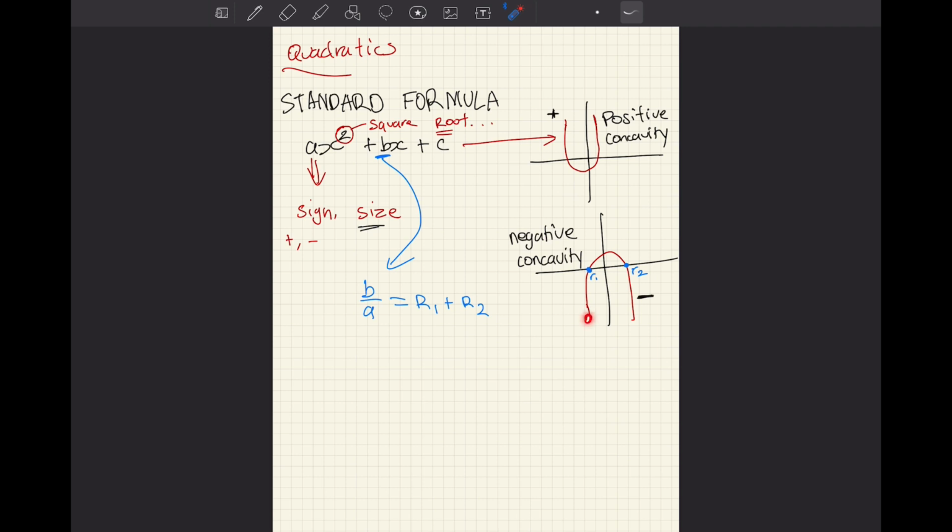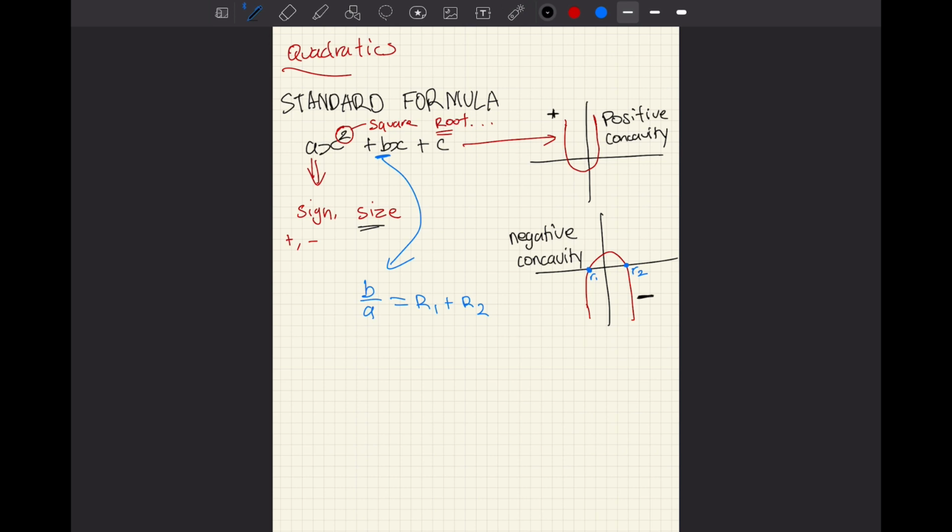A quadratic crosses the line in two places, and we'll study the situations in which it does that. If it crosses it in two places, it has two roots, root 1 and root 2. So b on a is equal to root 1 plus root 2.